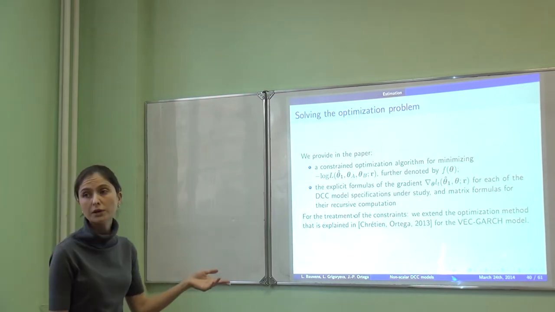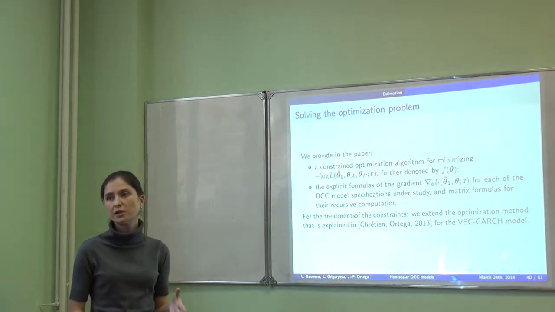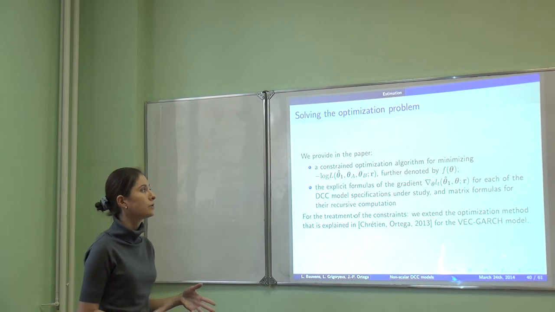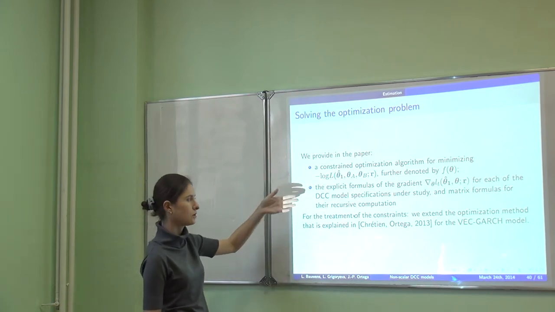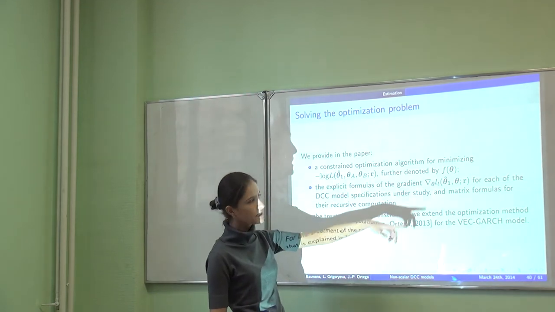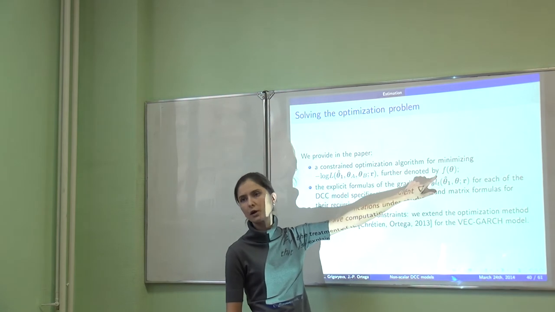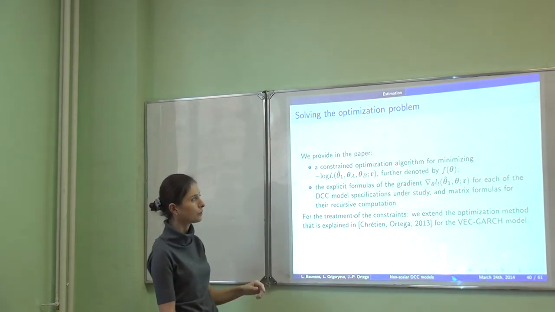So what do we do in our paper? We are working with a constraint optimization. In this case, we would like to minimize minus log likelihood or maximize log likelihood, doesn't matter. And in further slides, keep in mind that we're gonna denote this as just f of theta, not to drag all this log likelihood with us.